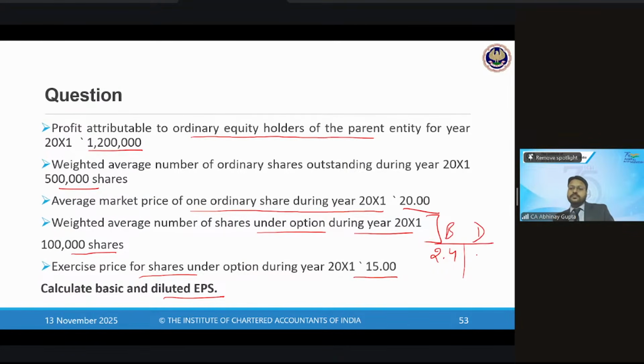And 2 would be the diluted. 2. Okay. Any other answer?